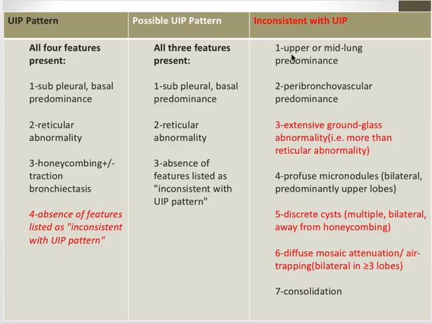Upper or mid lung predominance, peribronchovascular predominance, extensive ground glassing, like in our case there was minimal ground glassing with extensive honeycombing and reticular abnormality, profuse micronodules which are usually bilateral and in the upper lobes, presence of discrete cysts, that is multiple, bilateral, away from honeycombing, diffuse mosaic attenuation, and consolidation. If one of these features is present, then it is inconsistent with UIP. These are the American Thoracic Society guidelines, which give clear-cut criteria for diagnosis of UIP pattern.